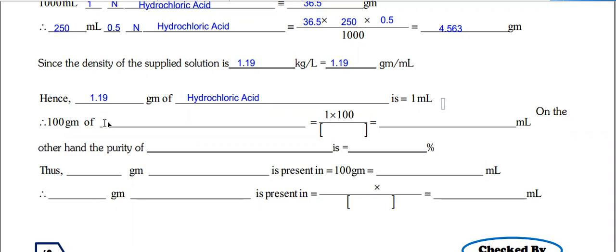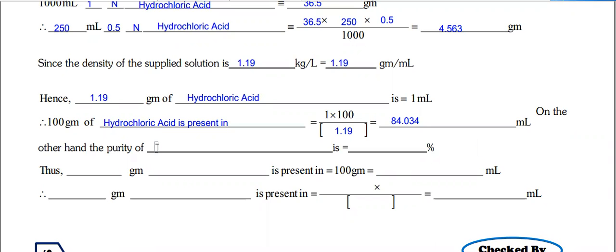Therefore, 100 gram of hydrochloric acid is present in 100 divided by 1.19, which is equal to 84.034 ml hydrochloric acid.